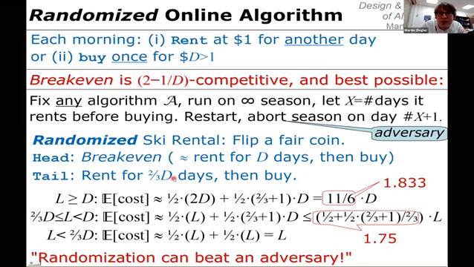Why did I make the algorithm rent for 2/3 times d days? Also observe that there's a kind of imbalance. In the first case, the competitive ratio is a little bit larger than in the second case. And in the third case it's even 1, so that's actually best possible anyway.